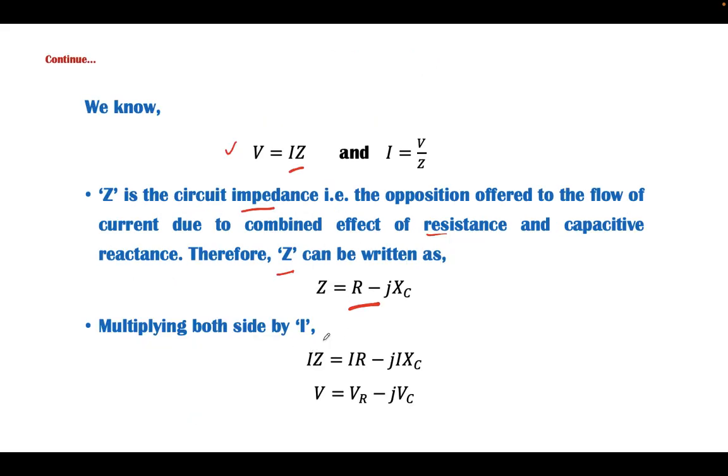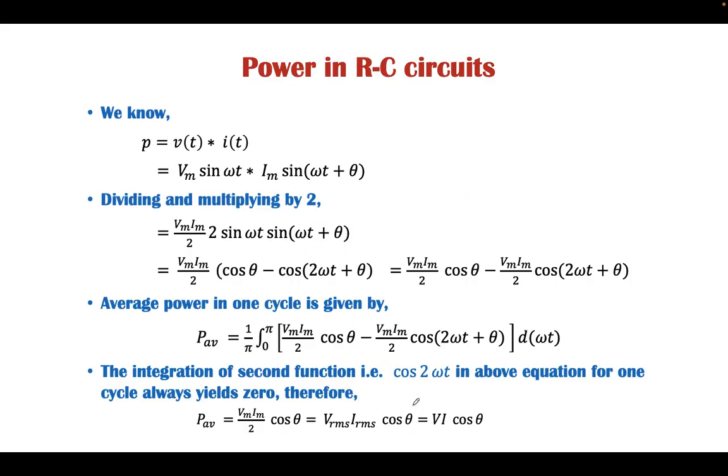Now multiplying these three vectors by I, it will be I into Z, I into R, and I into XC. I into Z is nothing but V, I into R is nothing but VR, and I into XC is the voltage across the capacitor. The way we are representing the phase relationship between Z, R and XC, similarly we can represent the relationship between V, VR and VC.